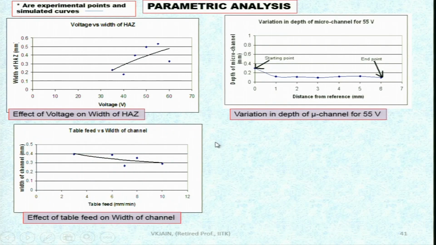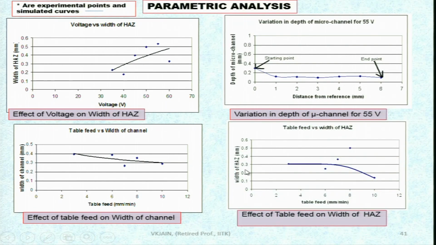Then we have the width of the channel for table feed, that is the feed rate, and as you know, if the feed rate is increased, then definitely material removed will decrease, because time available will be reduced and the total amount of the material removed is decreased. That is why width of the channel is more or less continuously decreasing with the table feed.